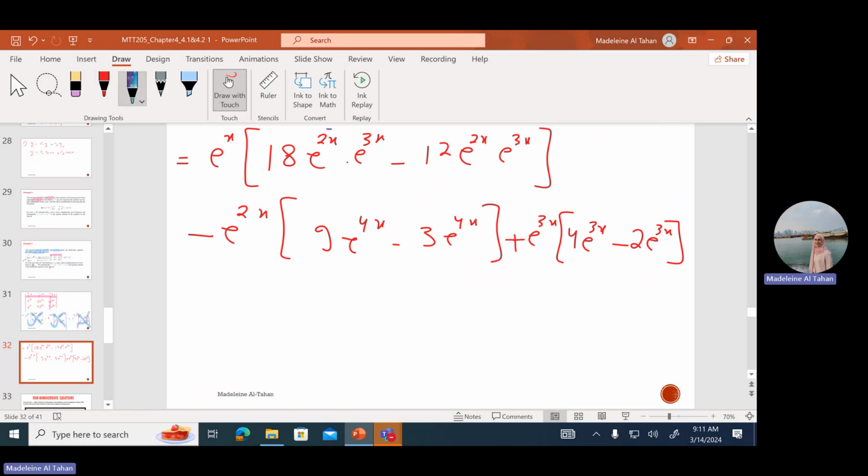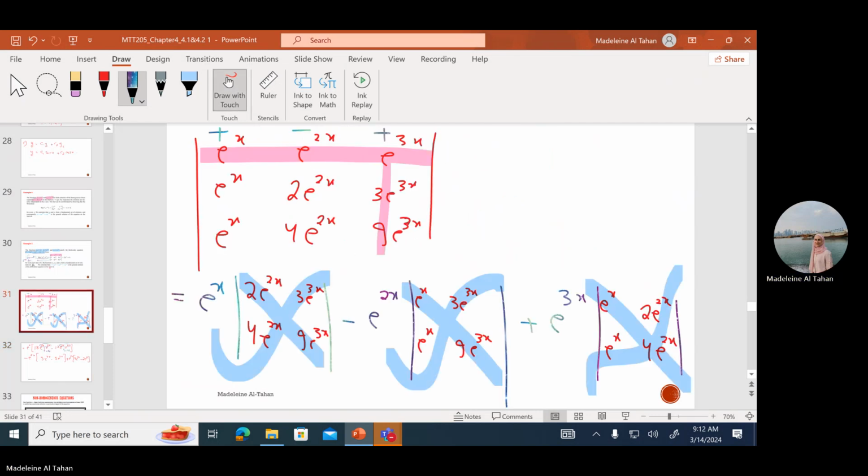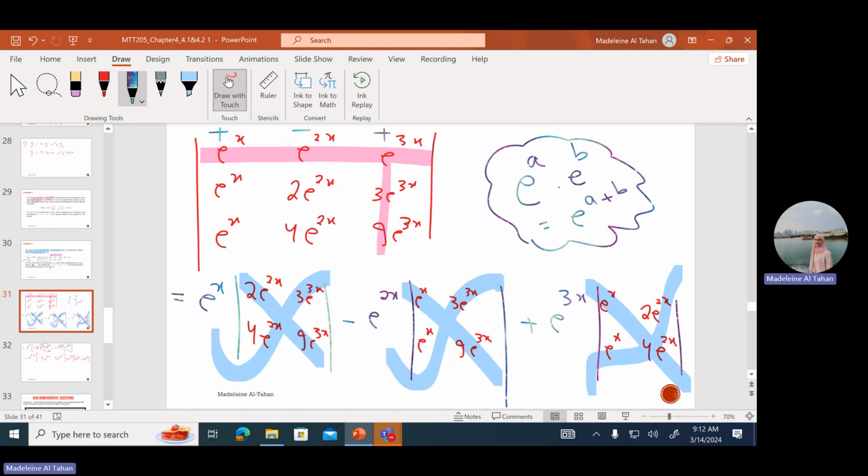What do we do for these ones? Why do we need to add? Because we are using the exponent rule. We are using this one. Any question? Okay, what will we get now?